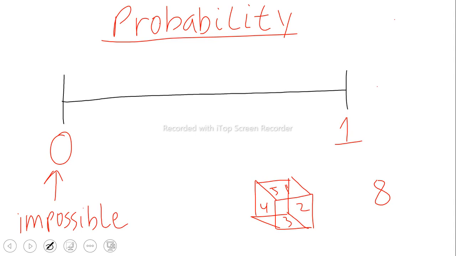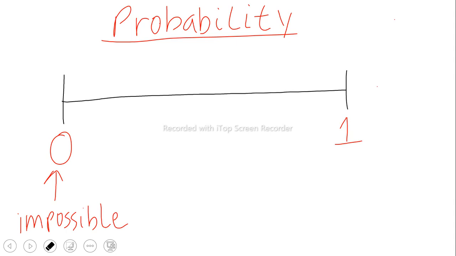Someone is asking a question. Yeah, if the die only has 6 sides, there's no way you're going to get an 8. With the coin, yes sir, there's a possibility to get none of the sides, right?